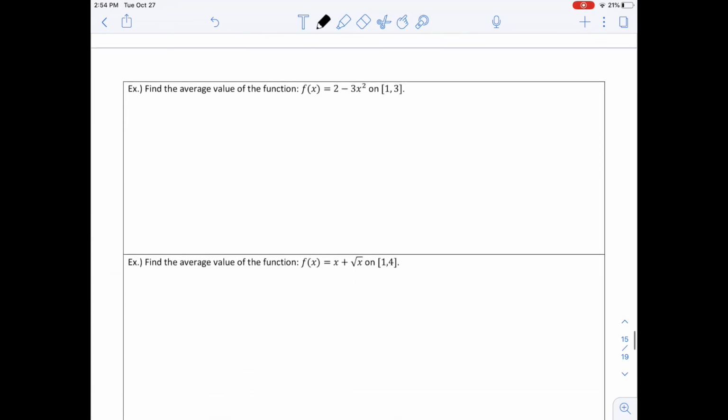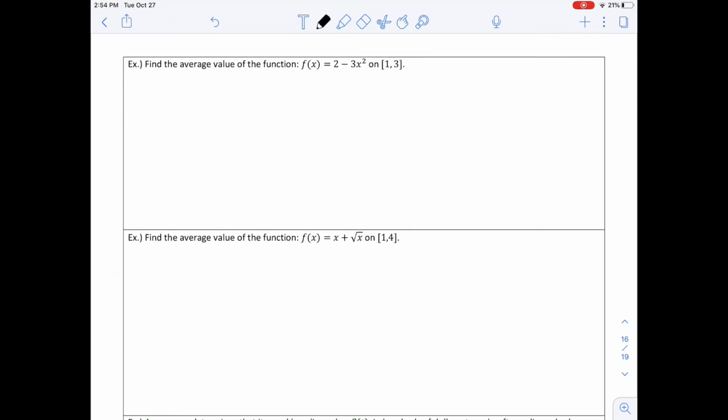On the next page, it says find the average value of the function f of x equals 2 minus 3x squared on the interval from a to b, and a is 1 and b is 3 in this problem. So our function is going to be 1 over b minus a, so 3 minus 1, the integral from 1 to 3 of our function, which is 2 minus 3x squared, and then dx.